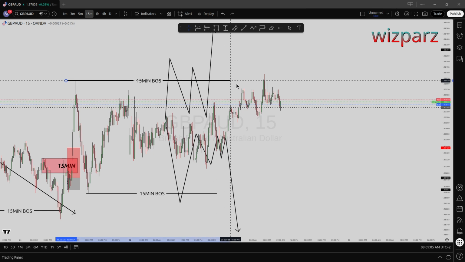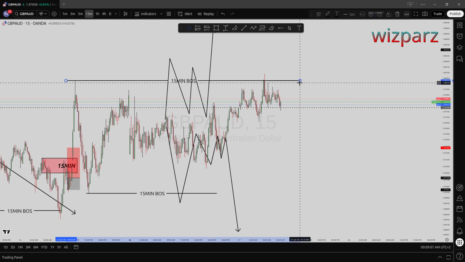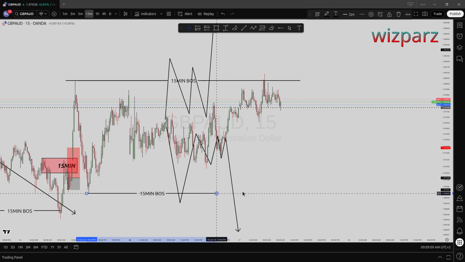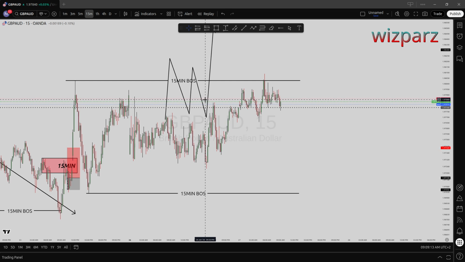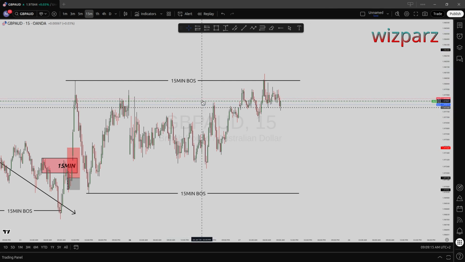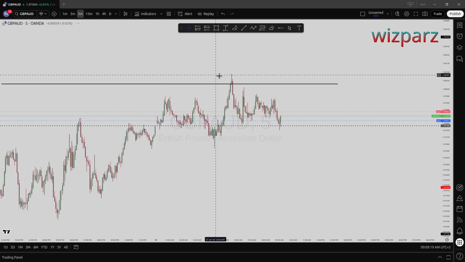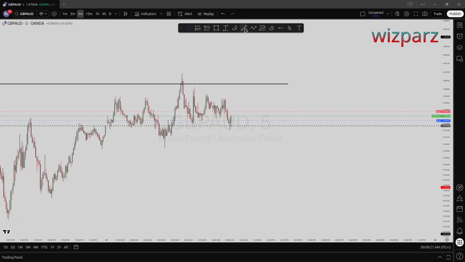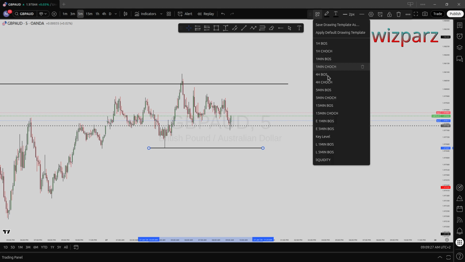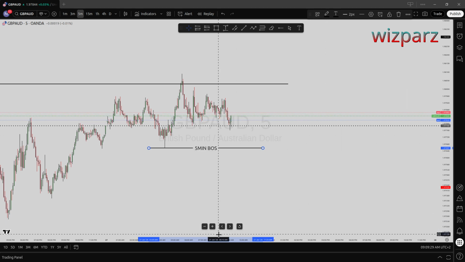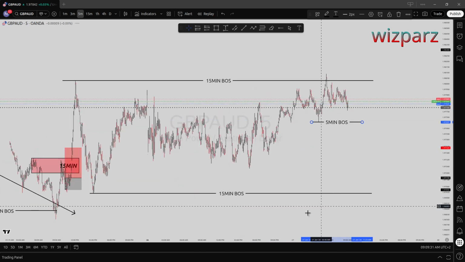So right here I'm waiting for price to make a 15-minute change of character, or 5-minute to the downside. If price broke this, I'm going to look for short opportunity, targeting this low here.